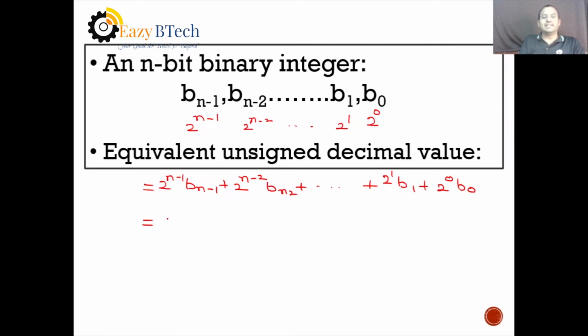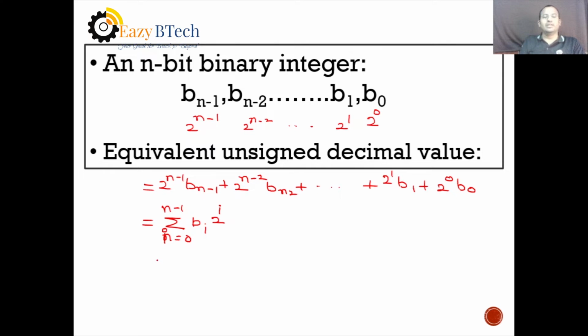We can write this as the summation with i running from 0 to n minus 1 of b_i times 2 power i. This is how we find the decimal value of the corresponding unsigned binary number.